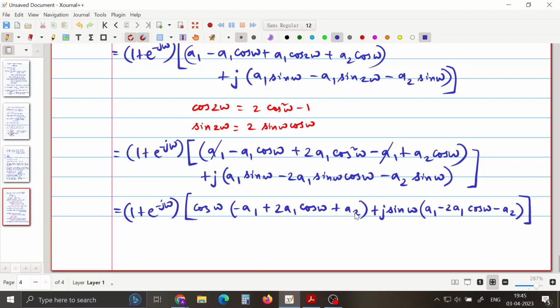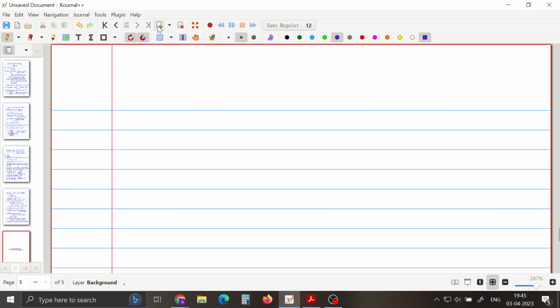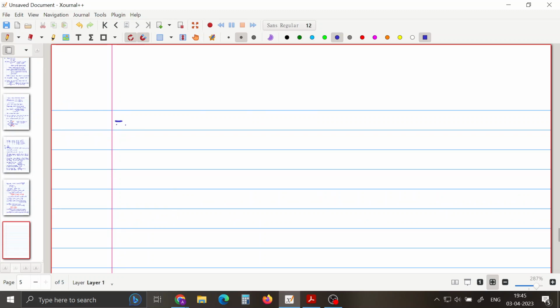So again, you can take this 2a1 cos omega and a2 term, by adjusting a negative sign, you can take that common, so you will get 1 plus e power minus j omega. This you can just take outside, and you have minus cos omega plus j sin omega.